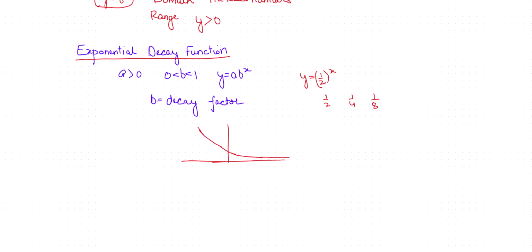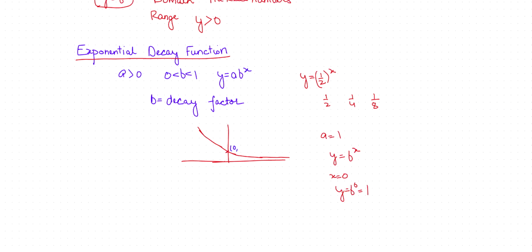So the asymptote will still be the x-axis, but the graph falls from left to right now. Now also if we put a is equal to 1, the function becomes y is equal to b^x. If x is 0, y is b raised to power 0, and it becomes 1, so this point is (0, 1).